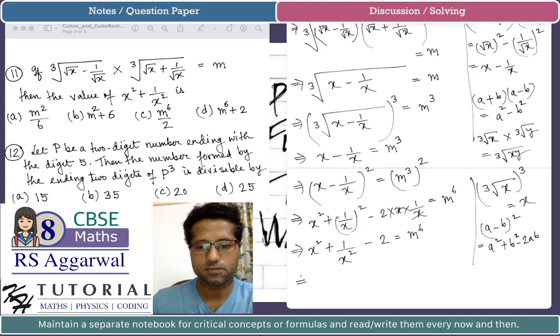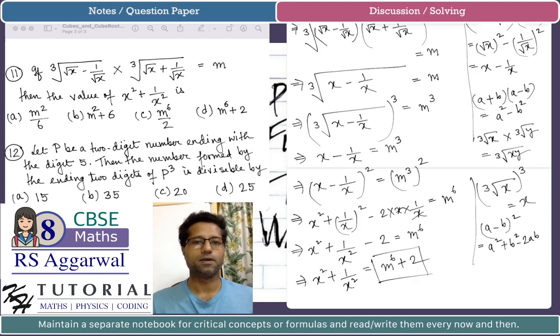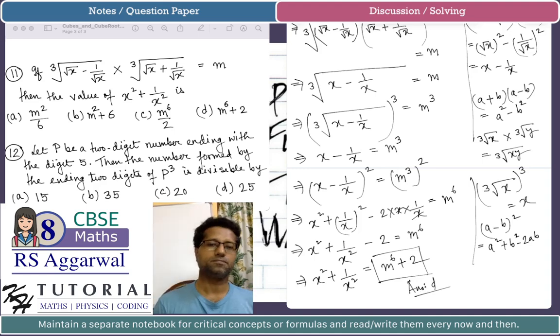So this implies x square plus 1 by x square is equal to m to the power 6 plus 2. So this should be the value of x square plus 1 by x square, and the correct choice is D.